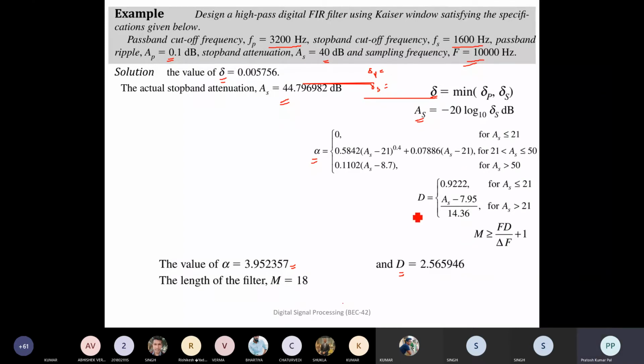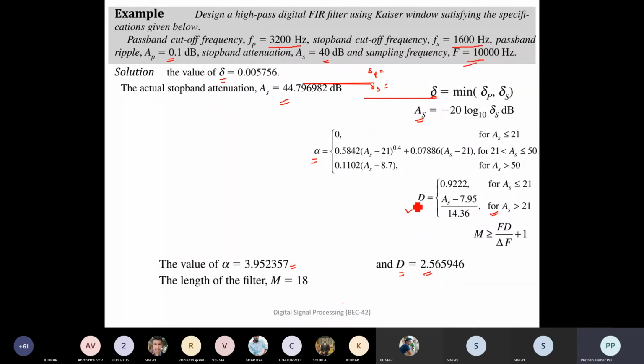So this is the expression to find the D value. Along with the A S value we have found, we can find the D value. Here in this case it is 44 point something, so that will be coming out in this range, so this formula will be used. A S minus this value divided by this will give the D value.